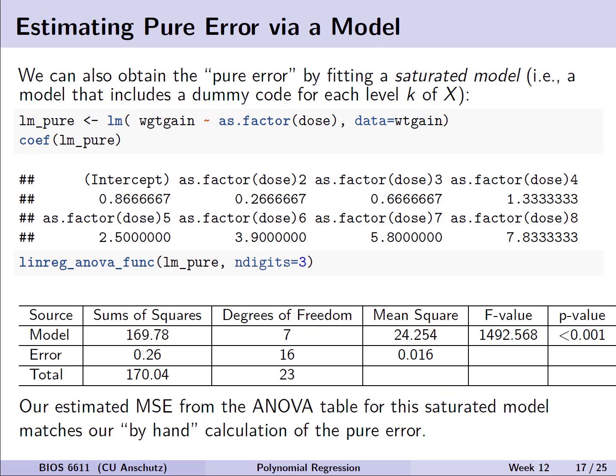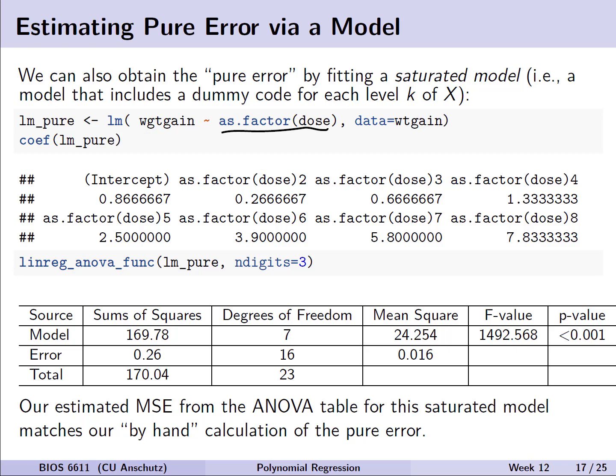However, again, we will generally not do that type of calculation by hand. Instead, we can do so by a special coding structure and fitting a model. For example, we can fit what we call a saturated model, or a model that includes a dummy code for each level k of x. So for example, we can induce this structure by using as.factor for our dose variable and weight gain, and then we can extract the coefficients from this linear regression model, which we're calling LM_pure for the pure error.